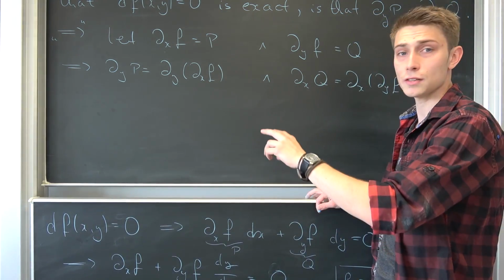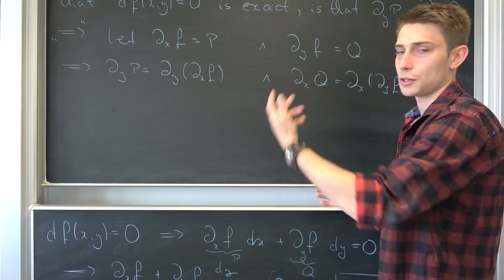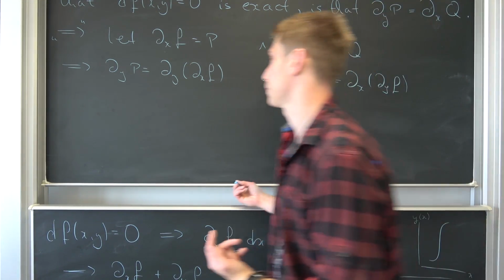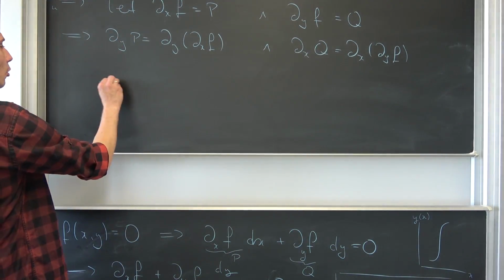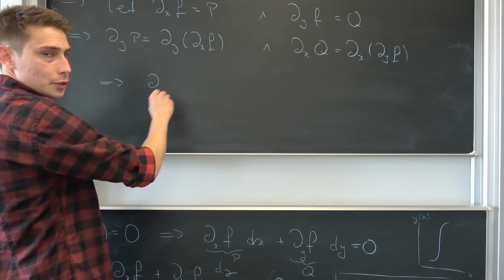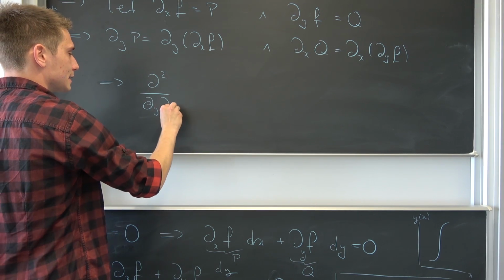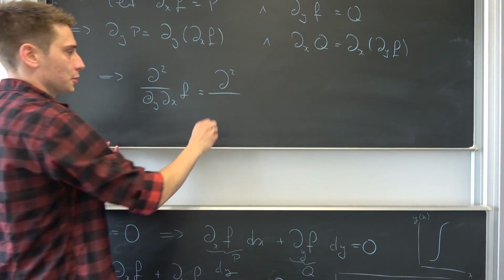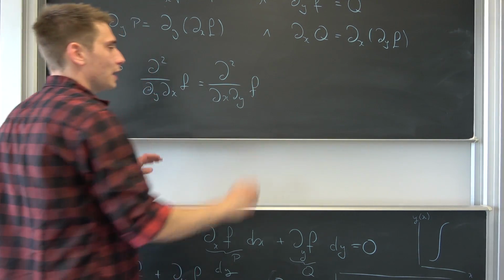Mixed partial derivatives under certain conditions are interchangeable. You can go through all the conditions; it's just a matter of interchanging limits. Meaning overall, by Schwarz's theorem, del squared f over del y del x is the same as del squared f over del x del y, a mixed partial derivative.